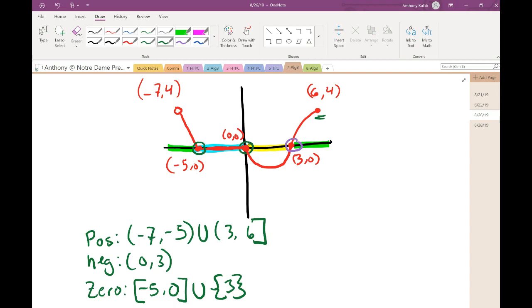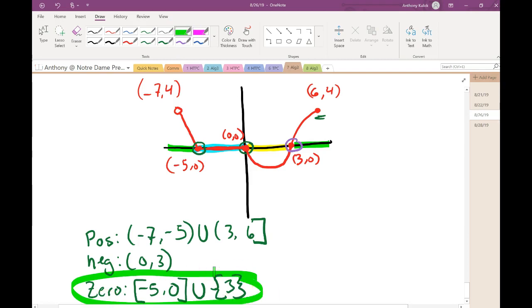The square brackets, yes, are for included. Parentheses are for not included. Follow-up questions on this one? This was quite tricky, particularly this part with the zeros at the end.